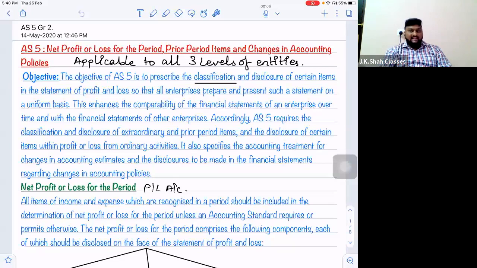Fine, that is what I said. But my question was, is there a possibility that an income or expense which does not relate to this particular year can also come into the P&L account? No, sir, your answer is no, because it is prepared for only a specific period, so it should be recorded only for that specific period.